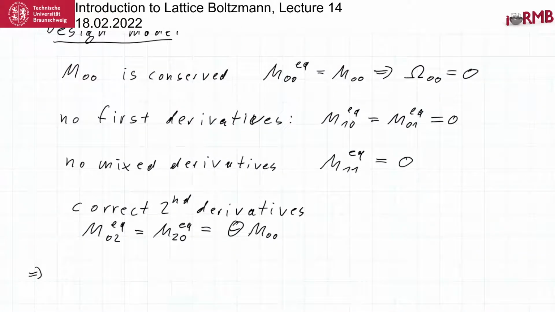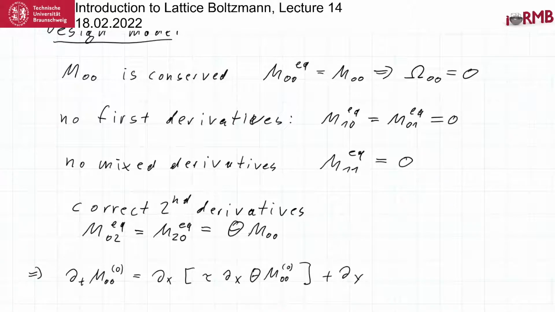So with this, our equation now becomes dt, the time derivative of M00 to 0 order, is equal to dx theta dx tau dx theta M00 to 0 order plus dy tau dy theta M00 to 0 order.